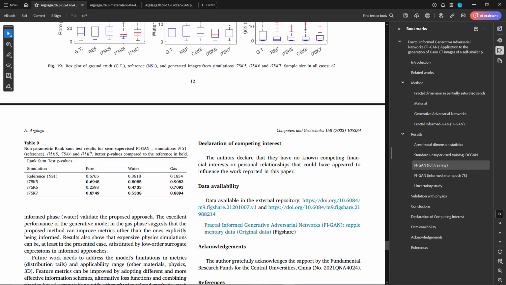The conclusion, looking at the p-values, which is a statistic which tells us the likeliness of a distribution to be the one from the model or not, is that we see that the supervised versions, which are the I-75, K5, K6, and K7, are better than the reference for the three cases: gas, water, and pore permeabilities.